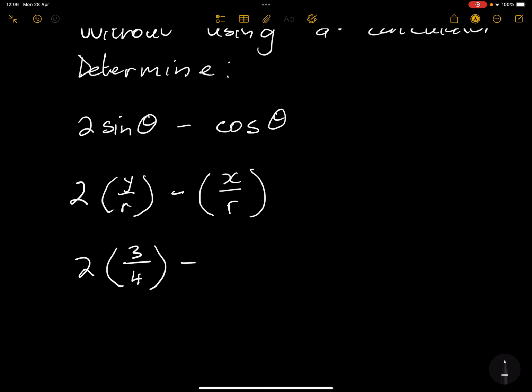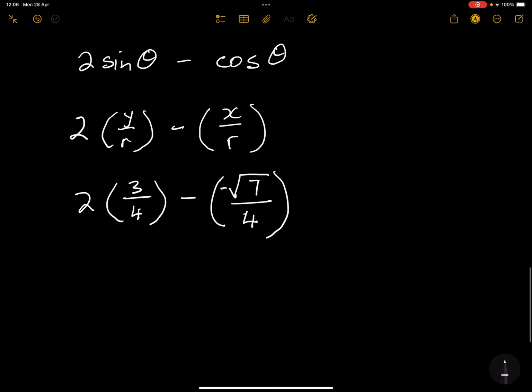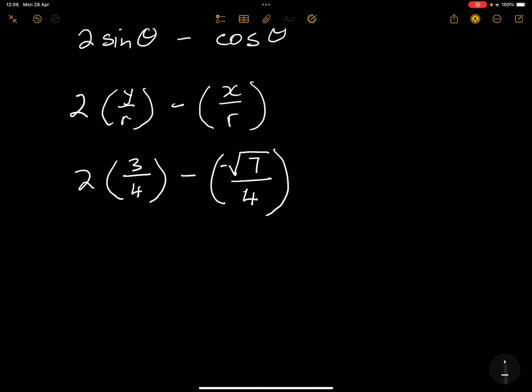Now, in this case, my x value is negative square root of 7 divided by 4. R value is 4. And so what would be the value there? So 2 times 3 will give me 6. So I've got 6 over 4 plus, now note, negative multiplied by negative would give me a positive. So this would be plus the square root of 7 over 4.